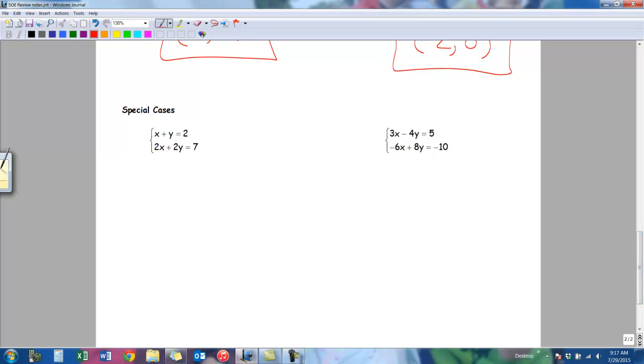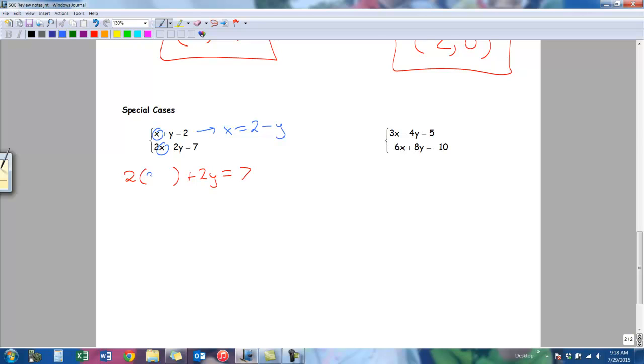For example, this first one, I'm going to solve by substitution. Now, of course, we could solve by elimination, but just to review, I want to solve by substitution. So I'm going to get the top x by itself. x is equal to 2 minus y. Right? So then I'm going to substitute that into this x. So that means that I have 2 minus y going in for x, plus 2y equals 7.